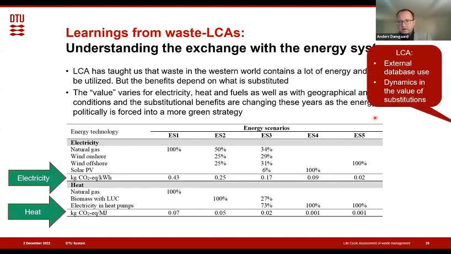And again, here we are dependent on external databases that can tell our LCAs how the energy system will change in the future. What are the dynamics of these values for the substitution? I know in most places in the world, the authorities are developing strategies for how the energy system will look, where in the Danish case, already by 2030, we expect to have most of the fossil fuel out of the system.